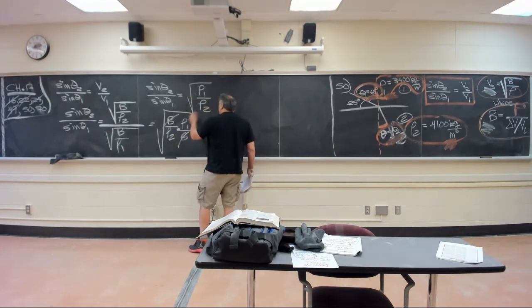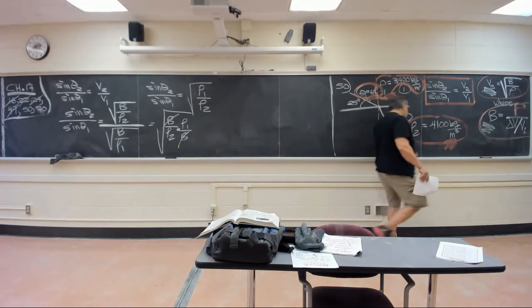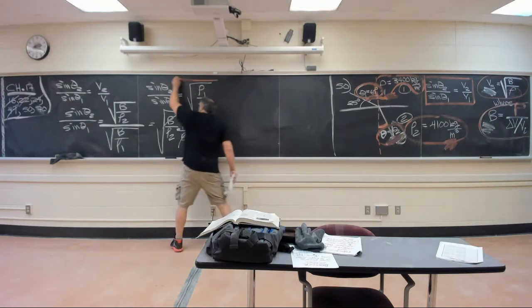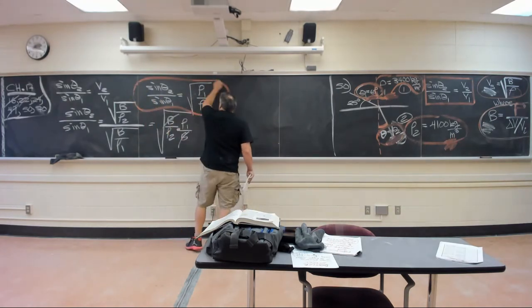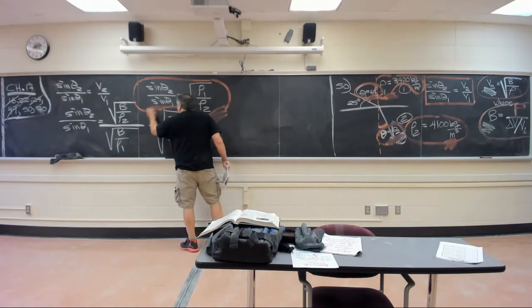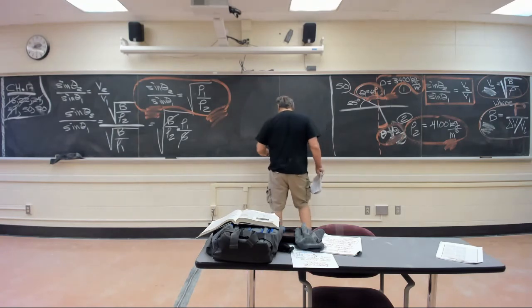The B's cancel, and there's where you get this. The key to the whole problem, ladies and gentlemen, is right here. If you can get that under control, you're set.